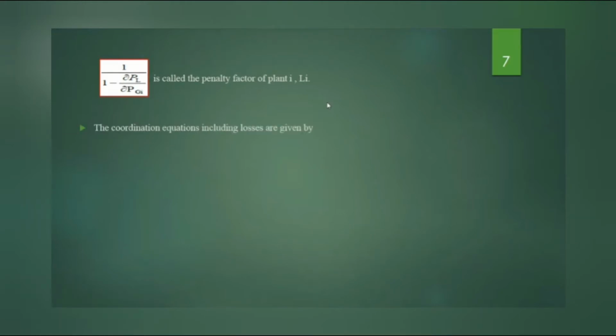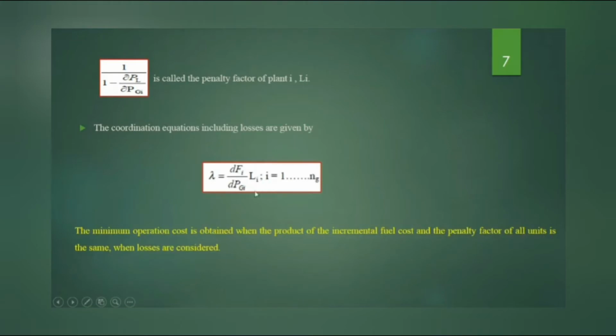So the coordination equation, including the transmission losses, is given by lambda equal to dFi upon dPGi into Li, and Li is your penalty factor. The equation states that the minimum operation cost is obtained when the product of the incremental fuel cost and the penalty factor of all units is the same when losses are considered.